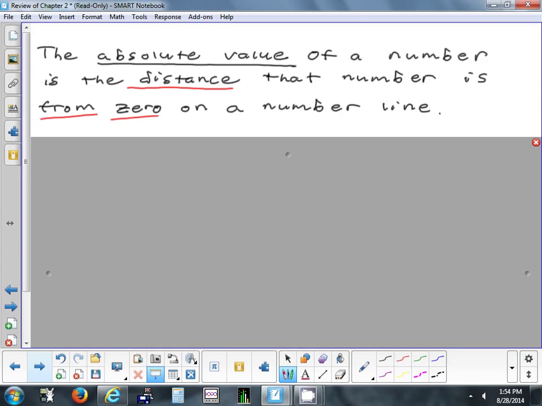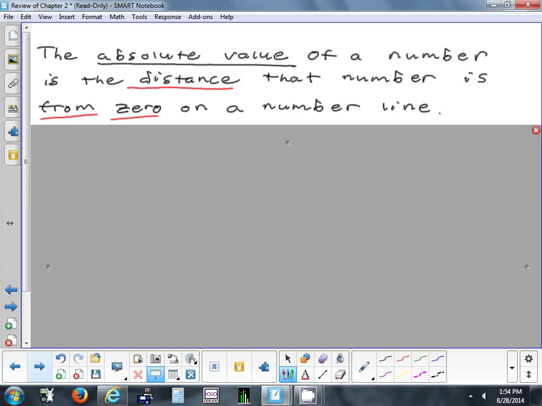Can distance be negative? Distance can't be negative, so it has to be positive. That's the idea with absolute value. It's always positive.